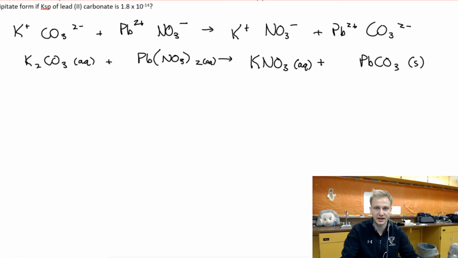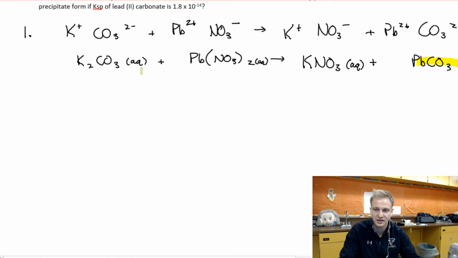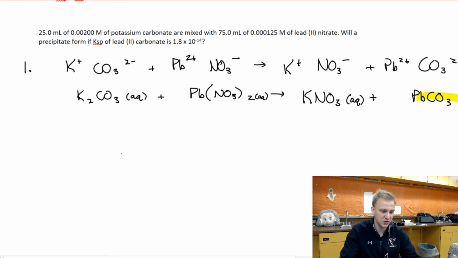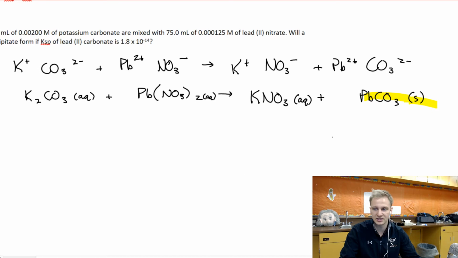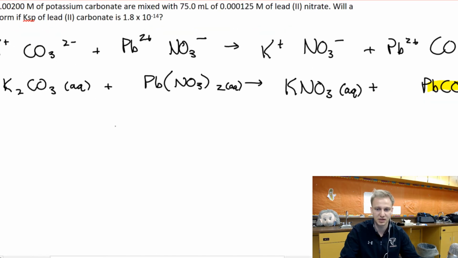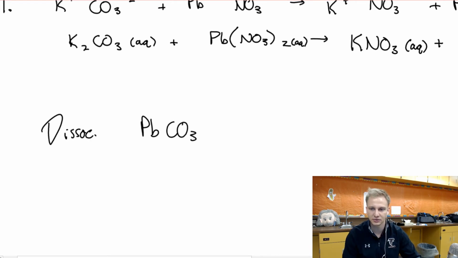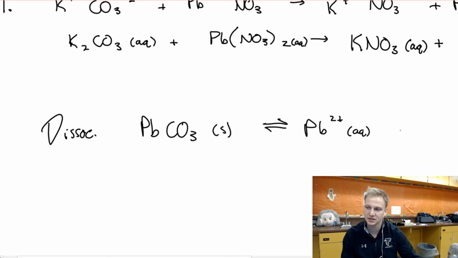We've found out that yes, we do have a solid, and it's this PbCO3 that's going to form our solid. The next thing we want to do is write a dissociation equation for this PbCO3. The dissociation equation for PbCO3 solid is going to be this, where we have the Pb2 plus aqueous and the CO3 2 minus aqueous.